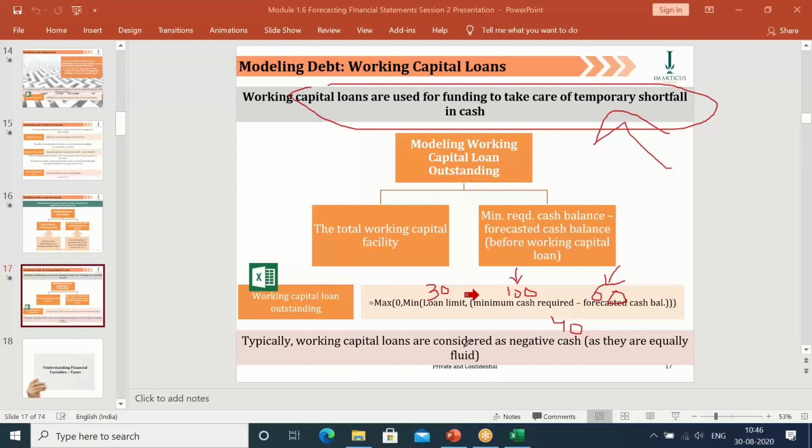You need 40 rupees, but from the bank, your limit to take the loan for working capital is only 30 rupees. Now, how much loan will you get from the bank? 40 or 30? 30. That's why I have put the minimum formula. And you will get a 30 loan from the bank. So, any doubt in this point?